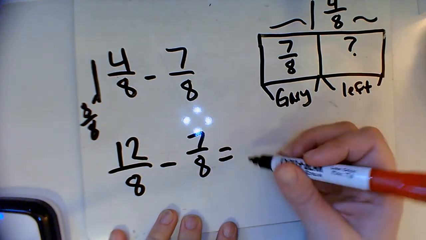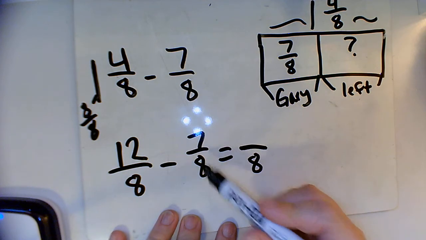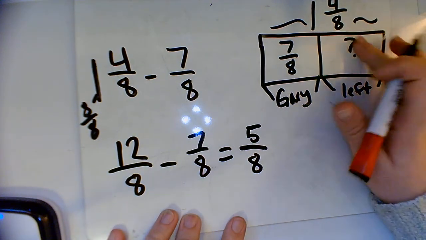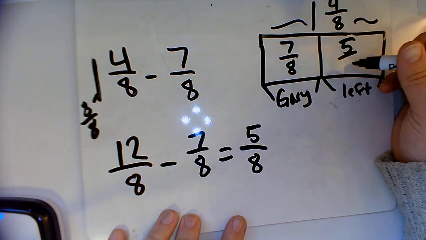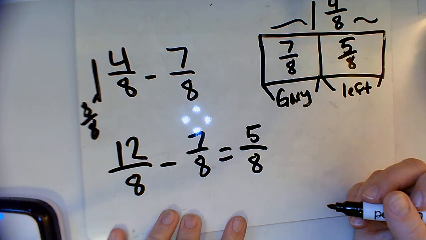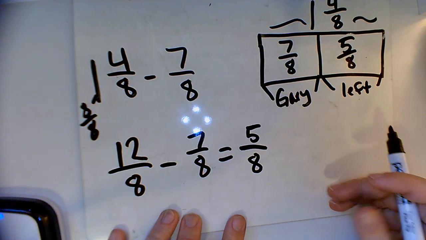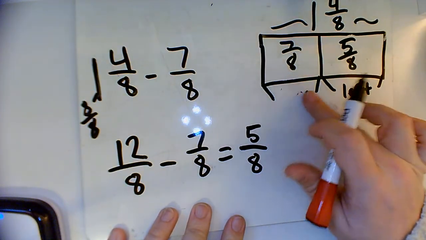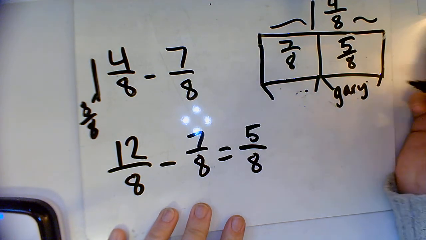And now we can subtract a little bit easier. Our denominator stays the same. 12 minus 7 gives us 5. So our missing piece in our tape diagram is 5/8. So we can say our answer statement. Oh, excuse me, I wrote these wrong. No, that's right. This is wrong. We didn't know how much Gary had. Sorry, guys. This is Gary.